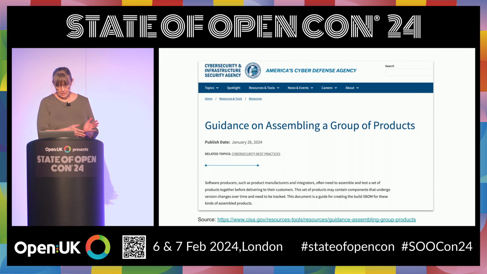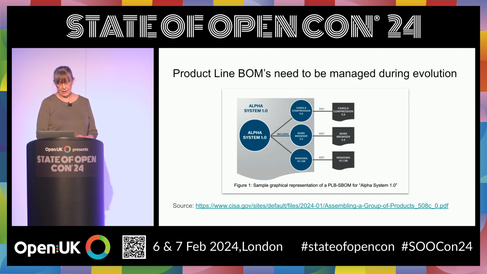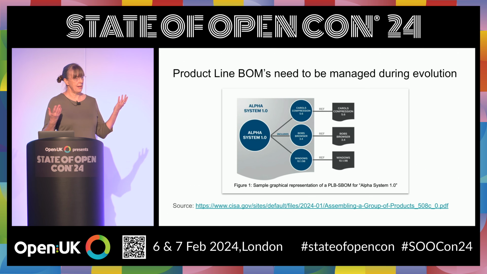One of the things I just want to call your attention to is that just over a week ago, the CISA working group put out a guidance on assembling a group of products, because too many people came asking questions. This work was started about mid last year, and it was a one-pager, but again, it was a matter of figuring out how you can start saying this is what you should put together for a product line.